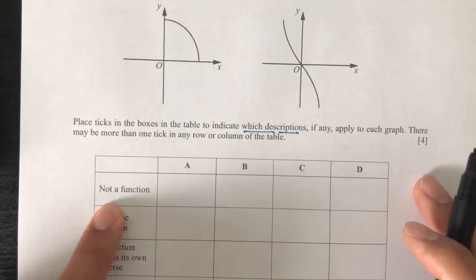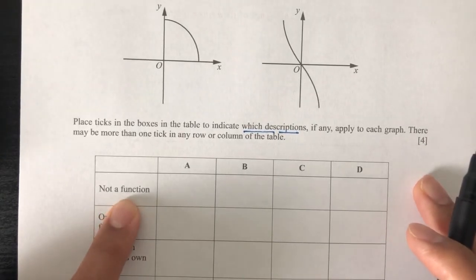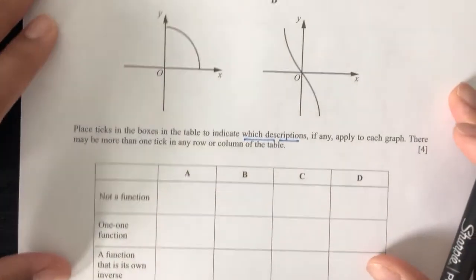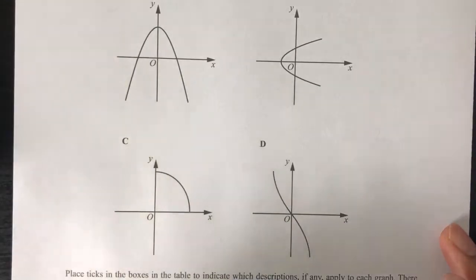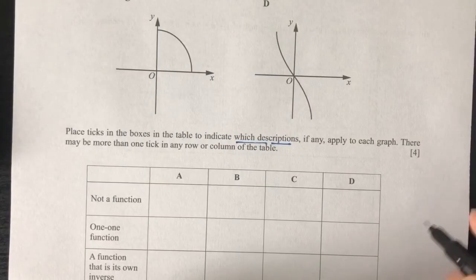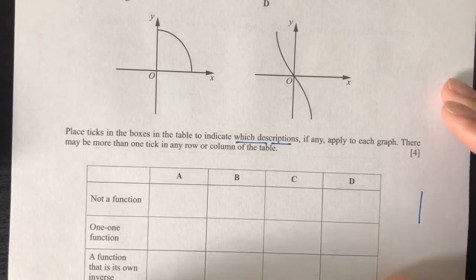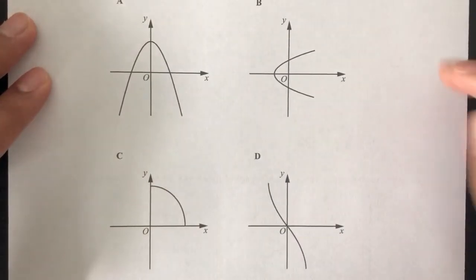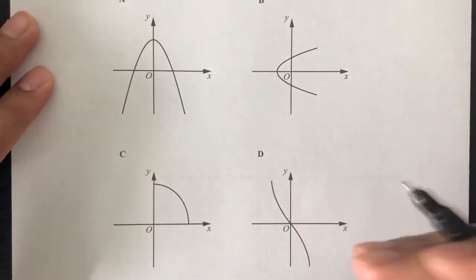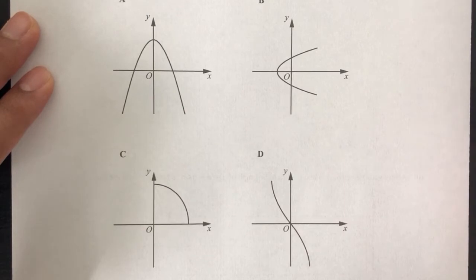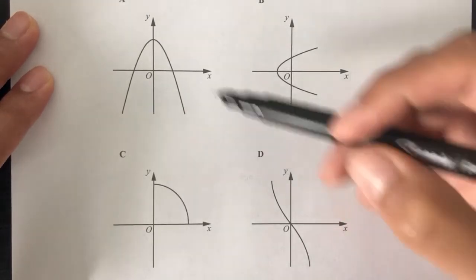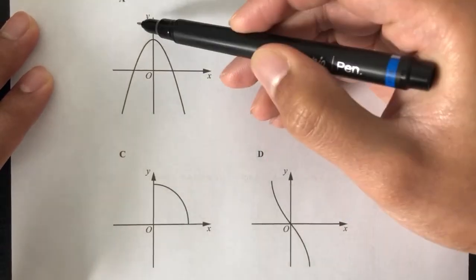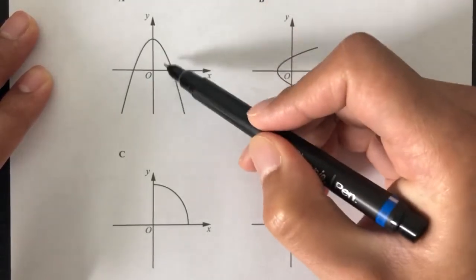So for the first condition, it is not a function. So how do you test which one is not a function? We test this by drawing a vertical line. If by drawing a vertical line, it cuts the curve at more than one place, then it is not a function. For example, if I draw the line here, or here, or here, it cuts the curve at only one place.